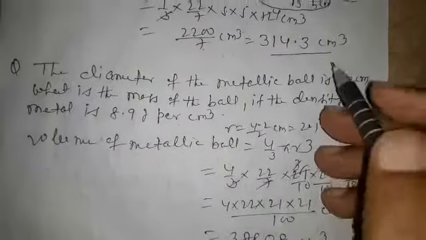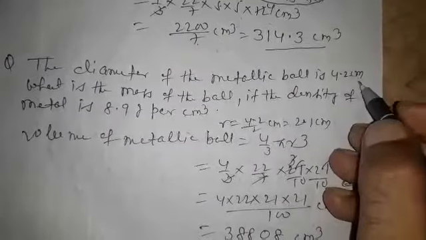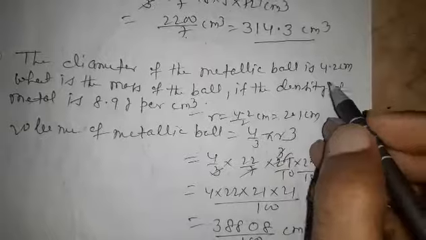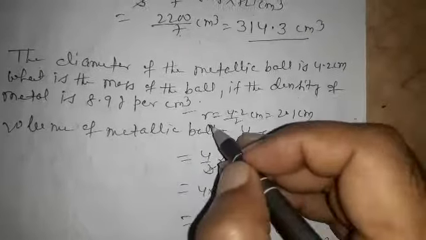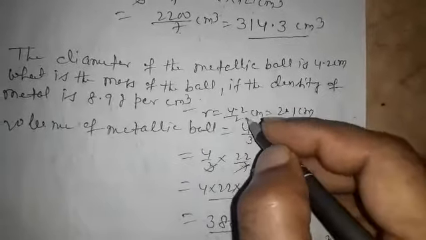Now the next question is, the diameter of a metallic ball is 4.2 centimeter. What is the mass of the ball if the density of the metal is 8.9 gram per centimeter cube? The ball is spherical in shape. First, the radius is equal to diameter by 2, 4.2 by 2, which is 2.1 centimeter.